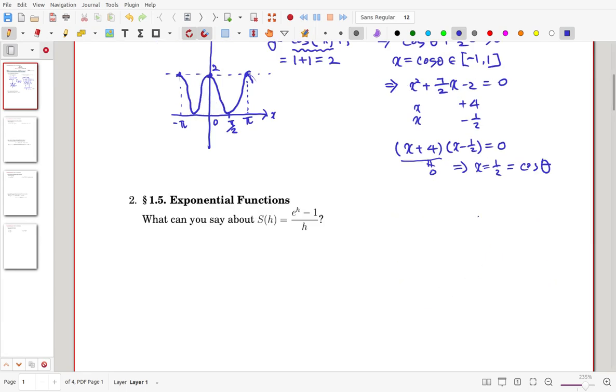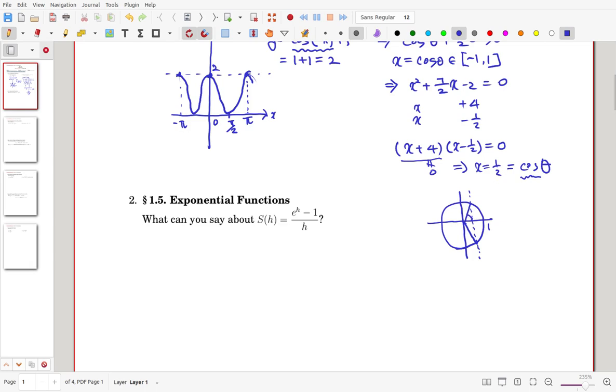Now to find theta, we may use a circle of radius 1. Cosine is the horizontal component, so along with that half in the x direction, we have two angles that make cosine theta half.